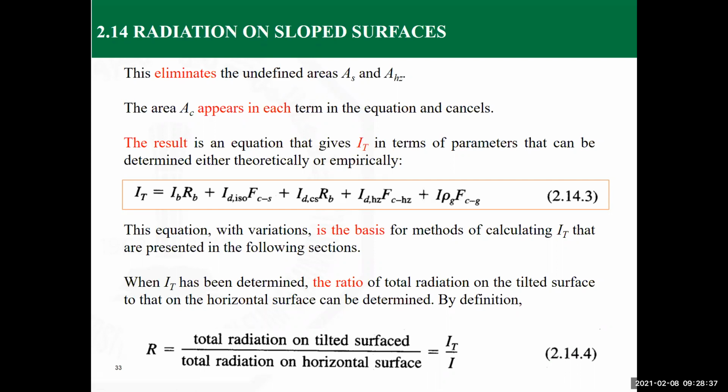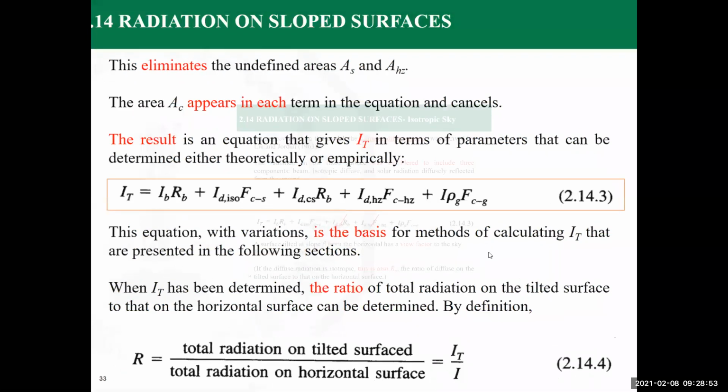Why again? Because most of the data available for solar radiation are for horizontal surfaces, and we need to modify it to values of radiation falling on a tilted surface.